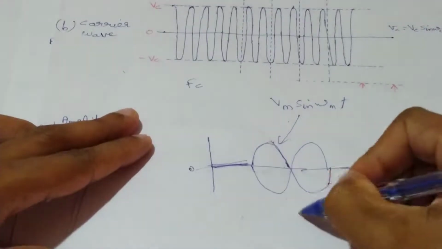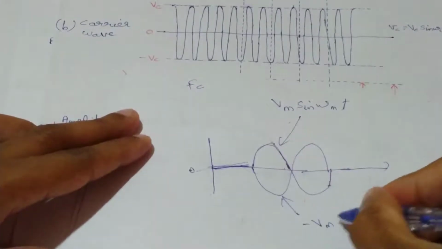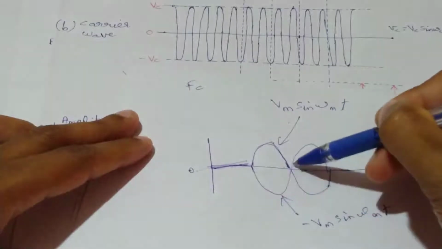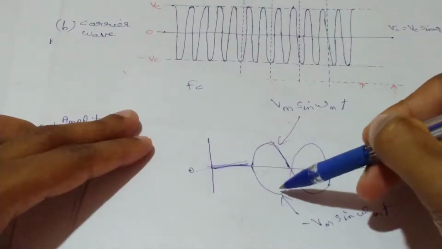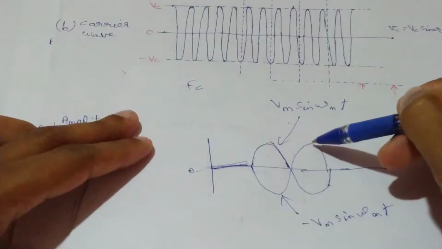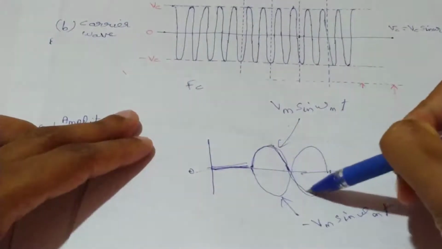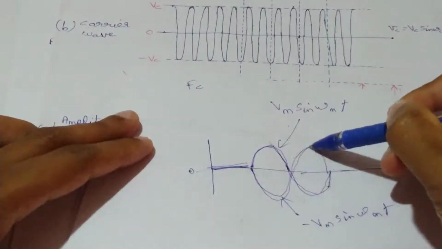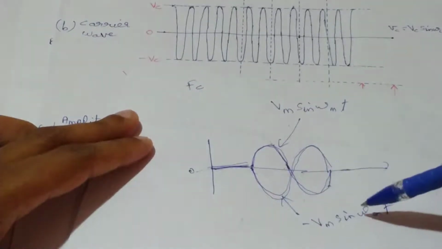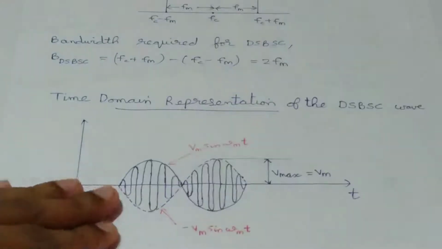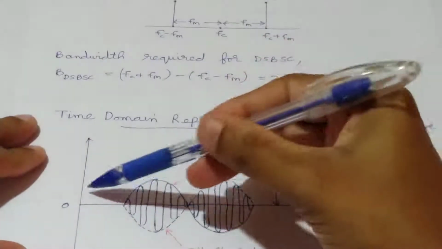Okay, so this one is our minus Vm sin omega mt. Okay, so this portion is below the 0 reference line and this portion is above the 0 reference line. So this is our top envelope, which is Vm sin omega mt, and this is our bottom envelope, which is minus Vm sin omega mt. So when we consider the shape of this double sideband suppressed carrier wave, it will be like this.